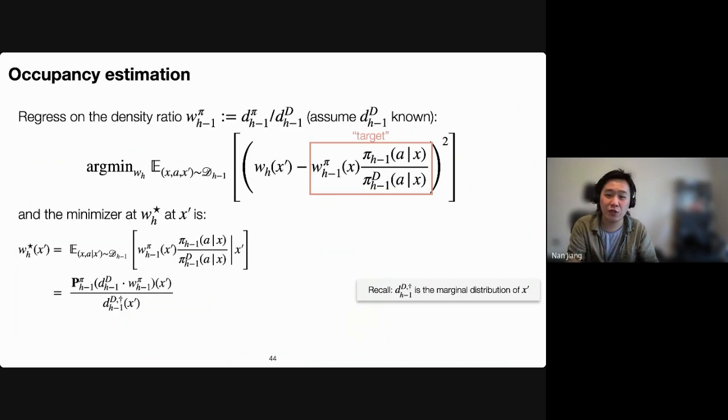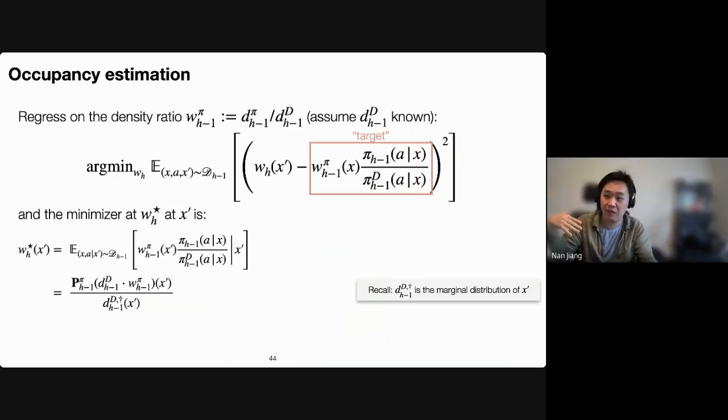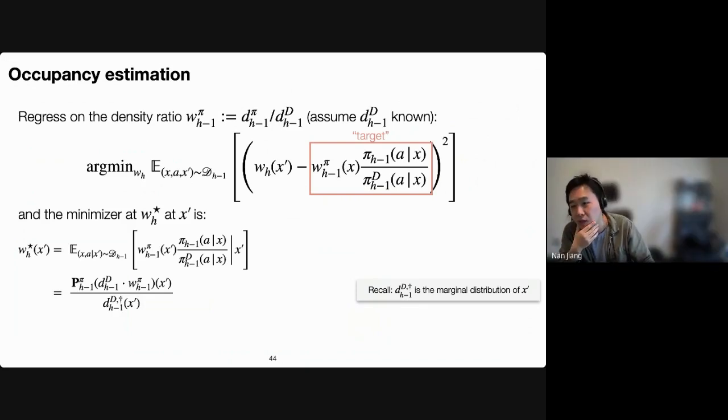Then you can reweight your data with D^pi_{h-1} over the data distribution, as if at the earlier time step you're sampling from D^pi_{h-1}. Then you use a one step correction, and it's as if you're getting reweighted samples that look like they're coming from D^pi_h. Then you can just throw MLE at it. With some modification, that should also work. We didn't figure out the details, but that's an alternative.